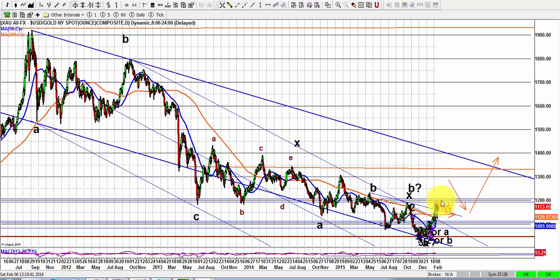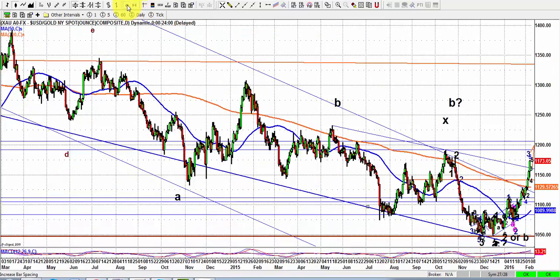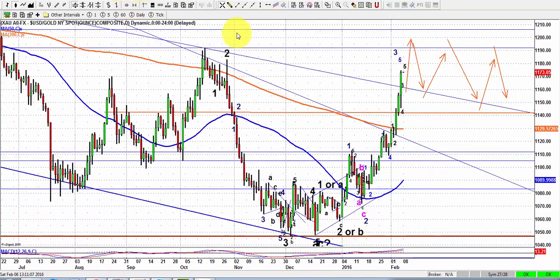The market will signal that if it builds a base above 1200, it's almost certainly going to head towards 1300 and potentially to the other side of the channel. By the time it does all that, we would have plenty of signals to see what Mr. Market has on his mind, to help us find the way forward. So this is the big picture. Now let's go and check step by step.